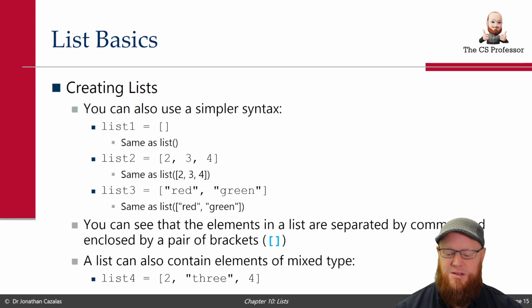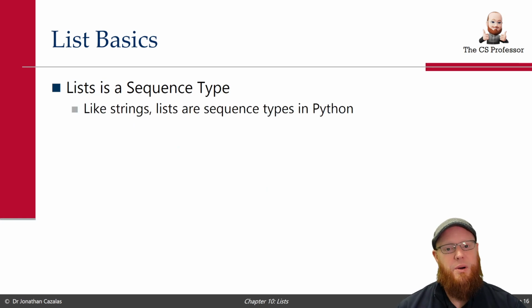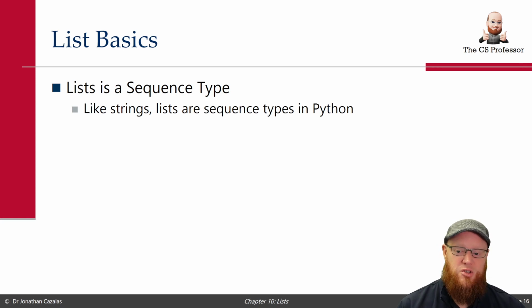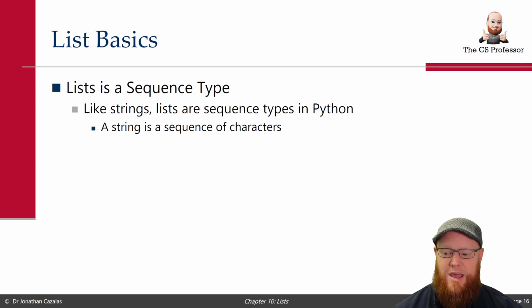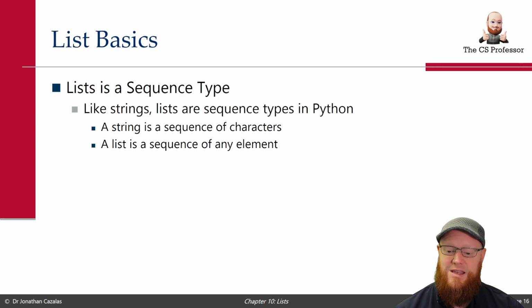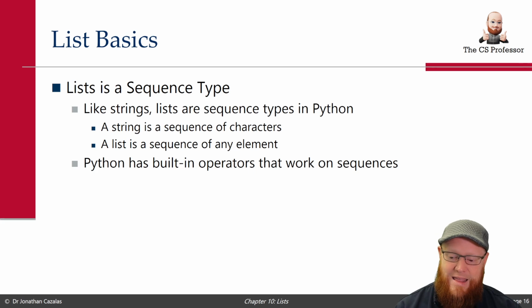You can have elements of a mixed type as you see in this list. So in Python, a list is called a sequence type. So why is it related to strings? Because like lists, strings are also a sequence type in Python. They're both sequences. A string is a sequence of characters. A list is a sequence of any element.